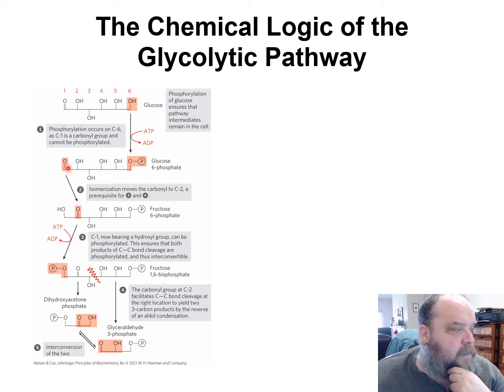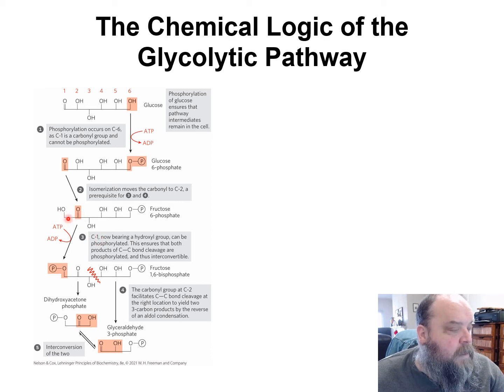In the process, glucose 6-phosphate needs to be turned into fructose. So how do we do this? Well, first off, need to take some of that energy we just got from the addition of the inorganic phosphate, and we need to move this carbonyl from carbon 1 to carbon 2.